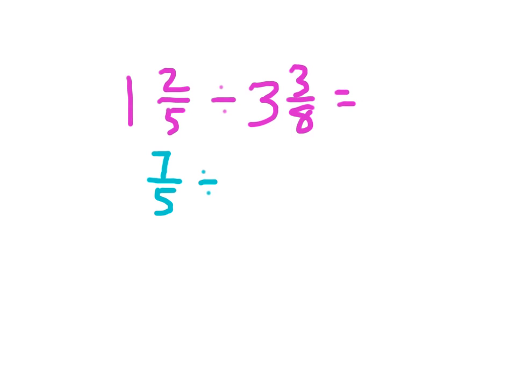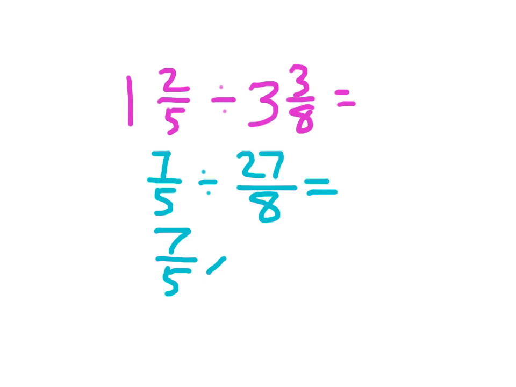So 3 wholes is worth 24/8 plus 3/8 is 27/8. I rewrite this now as a multiplication problem where I have the inverse, or the reciprocal, of 27/8, which is 8/27. So this is just the product of 7/5 times 8/27.